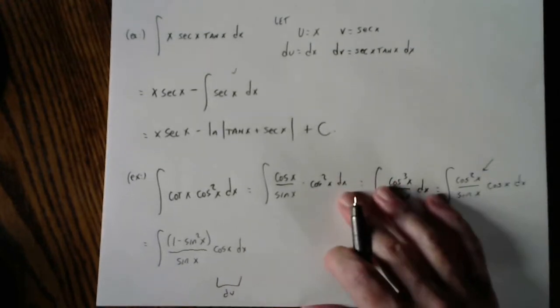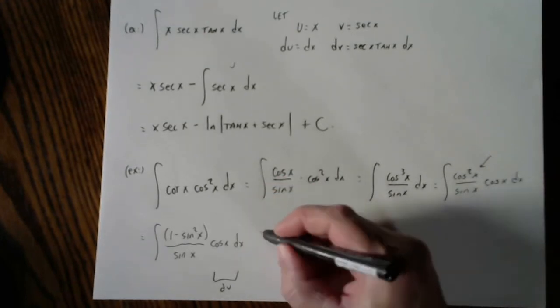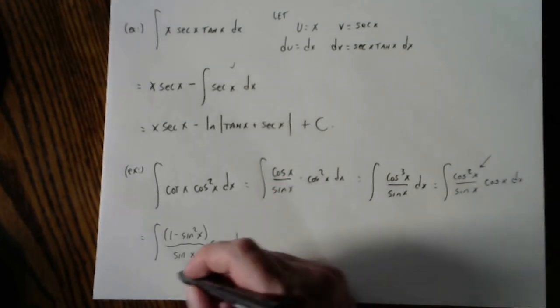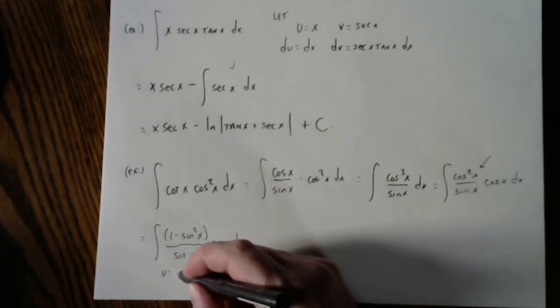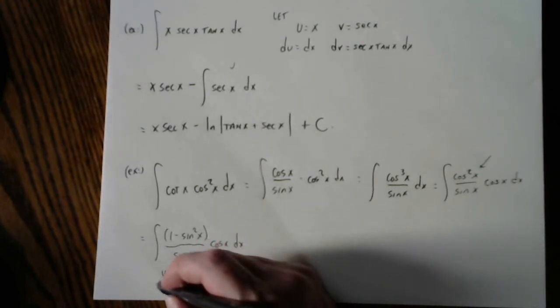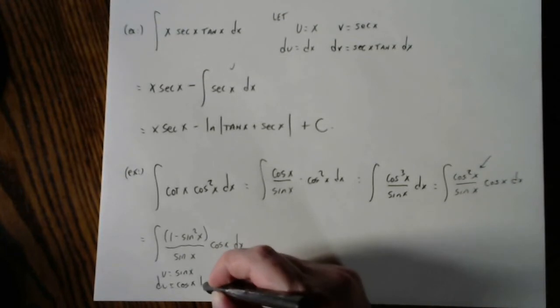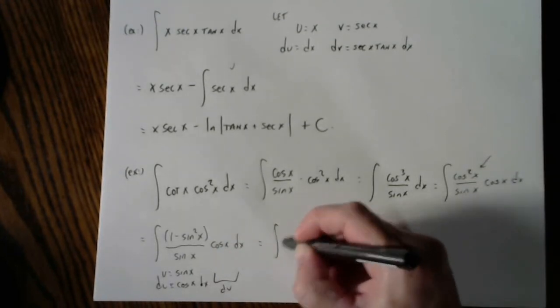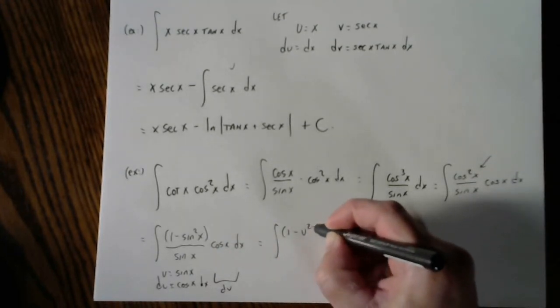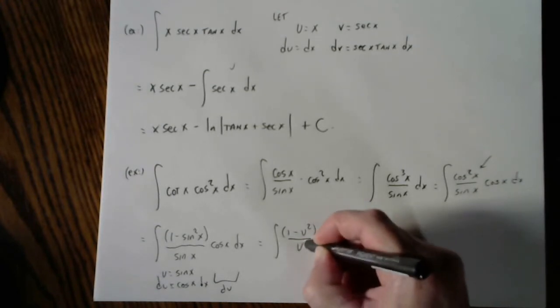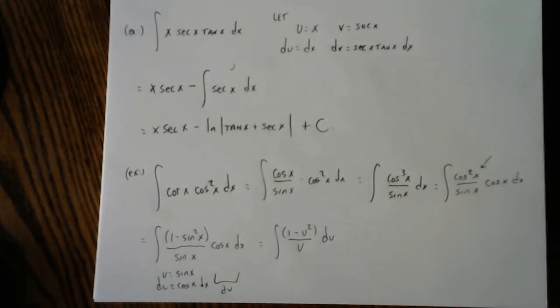So let's do that. Let me squeeze this in here. Cosine. And I get to this point. So that looks better. How to do that? I'm going to split up my numerator.